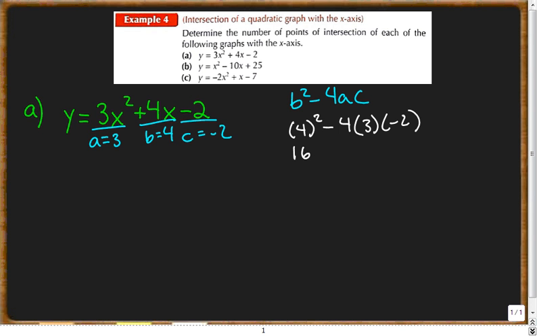That's going to be 16 minus, this is 12, times negative 2 would make negative 24. If you subtract the negative, that means you're adding. So 16 plus 24 is going to be 40. So that means that we have 2 x-intercepts.